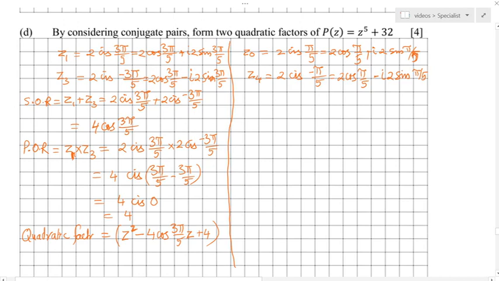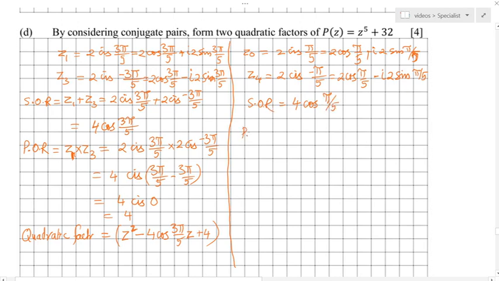Just like these two roots here, the sum of roots is, you add them together, the imaginary parts cancel out, and you're left with 2 this and 2 this. So you get 4 cos pi over 5.